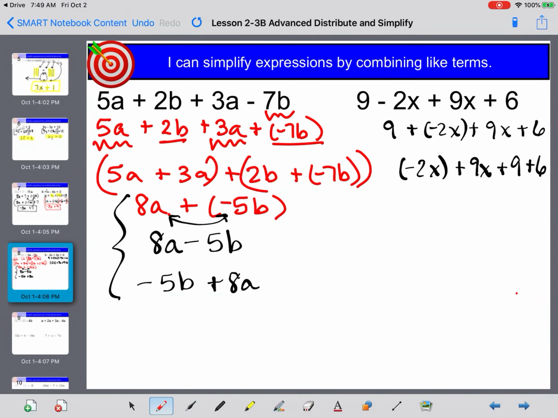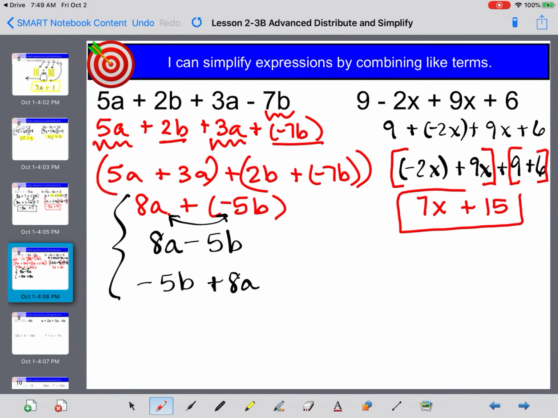Then I'm going to use the commutative, that was the commutative property. Now I'm going to use the associative property to group these like terms together. Negative 2x plus 9x is 7x. 9 plus 6 is 15. 7x and 15 are not like terms, so that's as simple as I can get them.